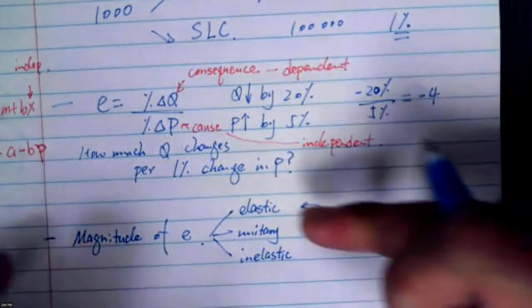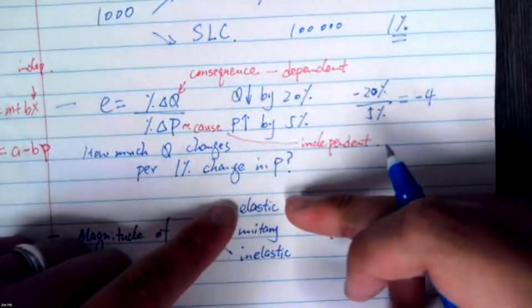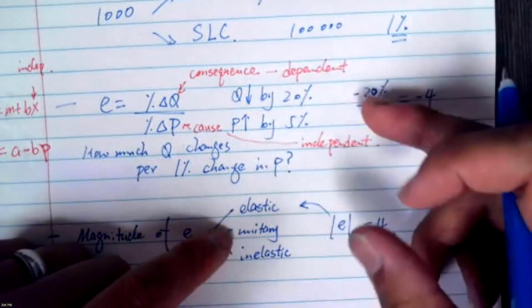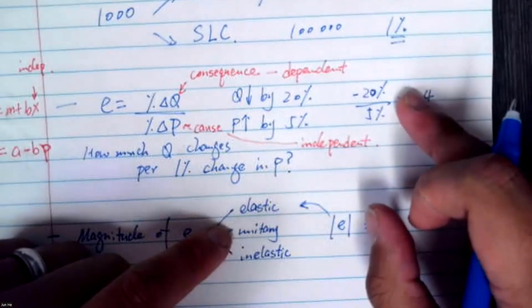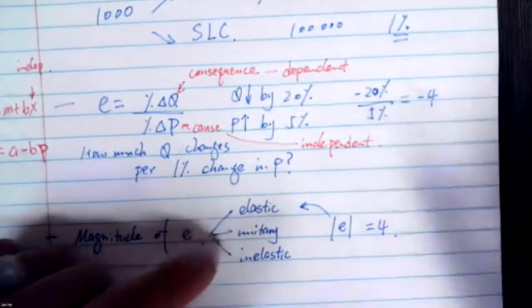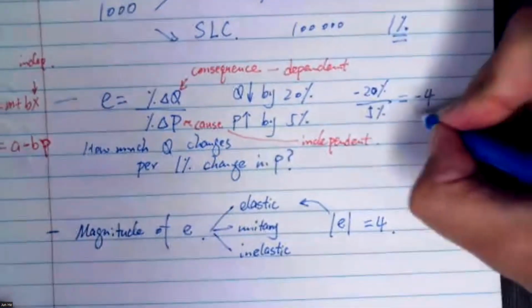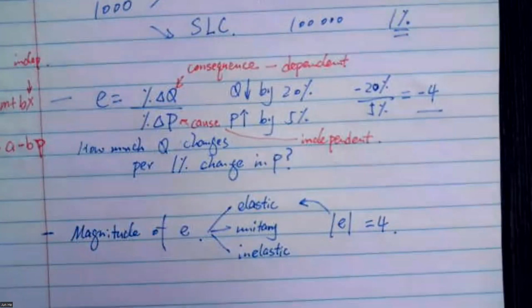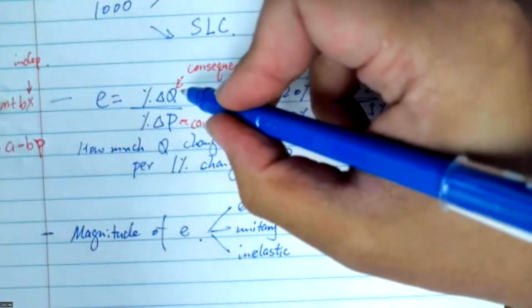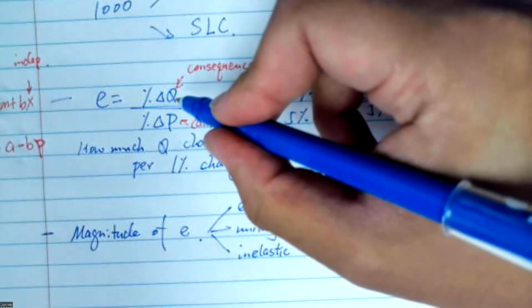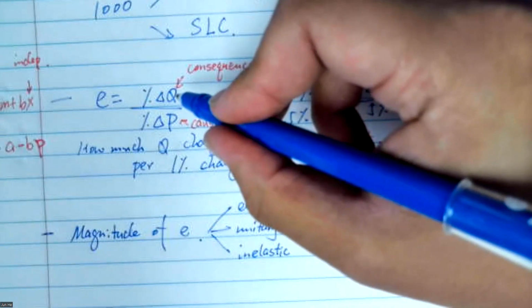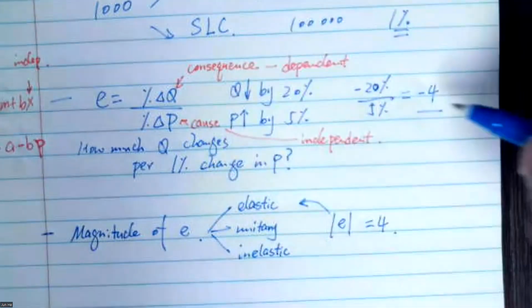As we are categorizing this consumer into elastic, inelastic, or not, we get rid of the negative sign. We are only looking into the absolute value, but as you're reporting the elasticity itself, you should include the sign, because the sign has its meaning. The sign tells you the direction, whether the direction of quantity change and price change are consistent or not.